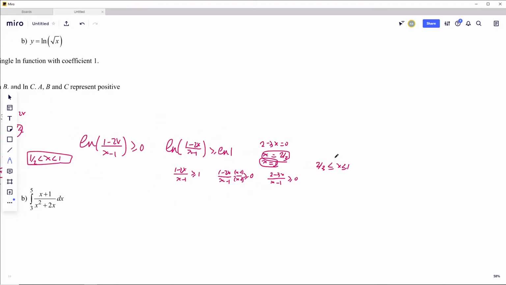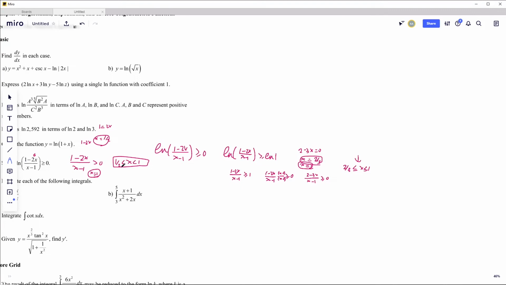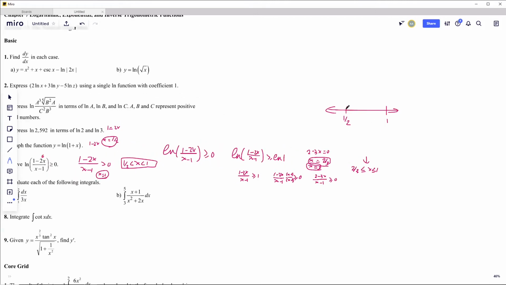And this is where, when you decide this, you look back at your domain. 2/3. If you want, you can use this all the way, where you go like, this is half. Get the smallest value. Smallest value is half. Get the largest value. The largest value is 1. So it's gonna be between those, right?